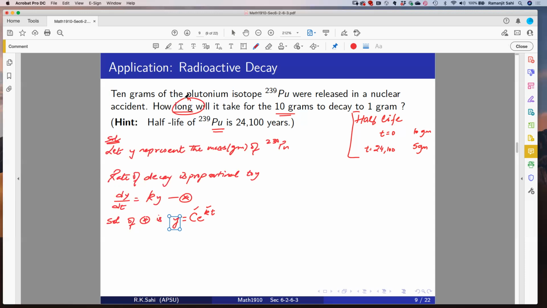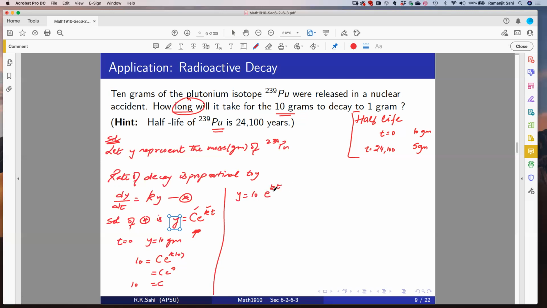That's the starting point. When time was 0, there was 10 grams of plutonium. Substituting, 10 equals C e to the power k times 0, or C e to the power 0, so C is 10 grams. Now my solution is 10 e to the power kt.